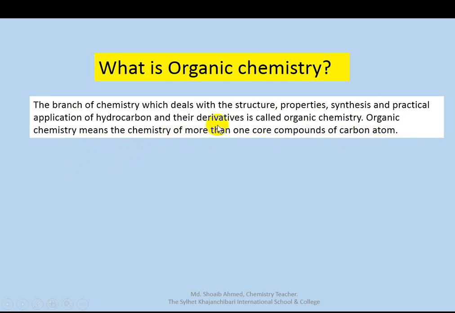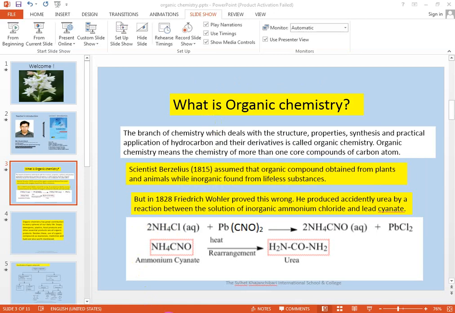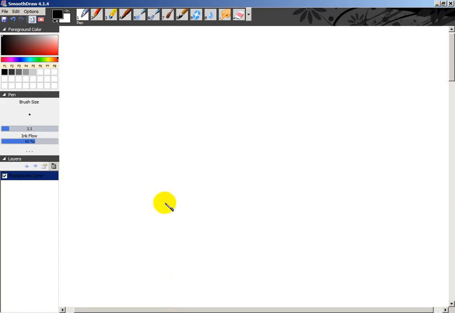You may not understand this. Hydrocarbon means a compound containing carbon and hydrogen. And what are their derivatives? Let me show you.